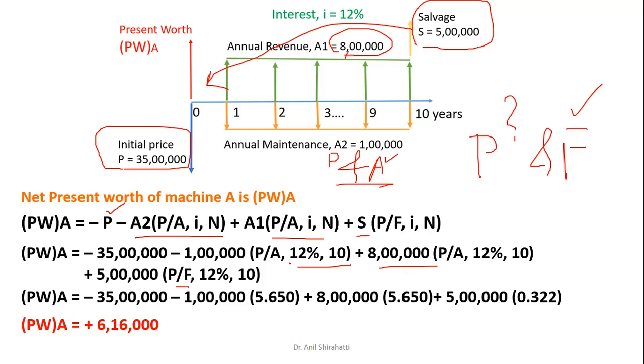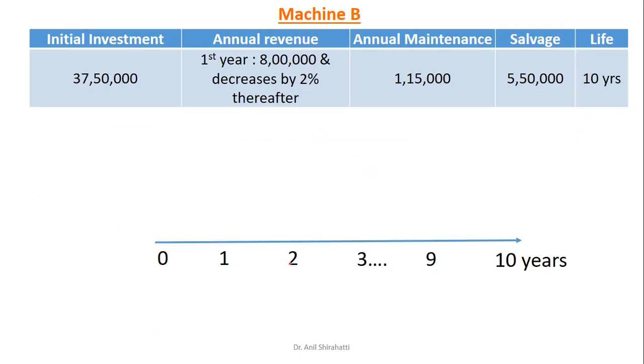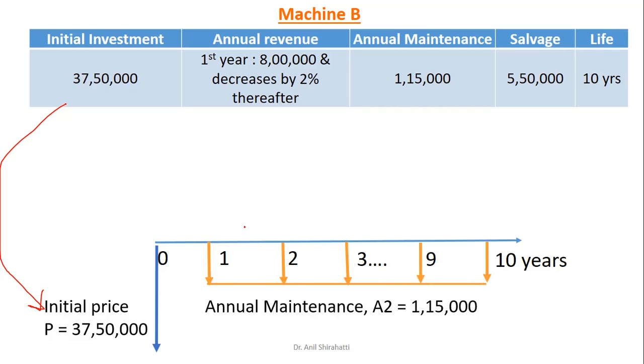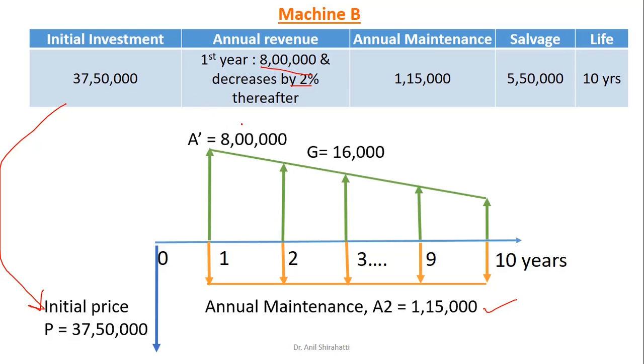Now on similar grounds I'll try to find the present worth of the second machine. In the case of the second machine, there is an initial investment of around 37.5 lakhs. Then you can see annual revenue is decreasing. First let's go to the maintenance side, that is 1.15, constant, not an issue. Now annual revenue is decreasing. In the first year you can see there is an annual revenue of 8 lakhs and then it is decreasing.